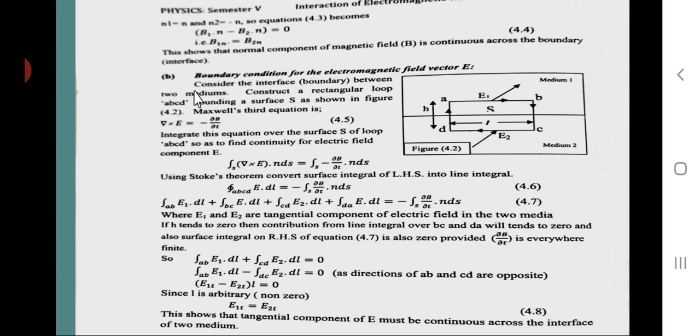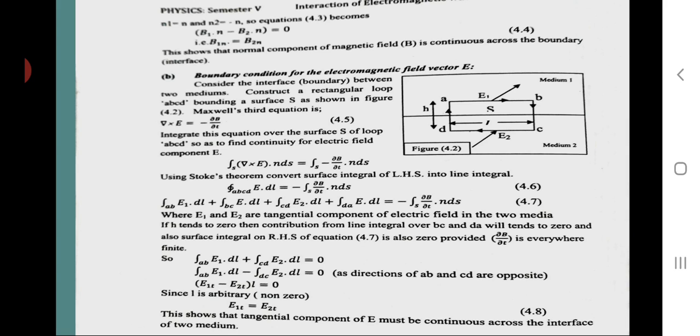Now consider the second condition, that is, the boundary condition for electromagnetic field vector E. Consider the interface between two media. Construct a rectangular loop ABCD bounding a surface S as shown in the figure.